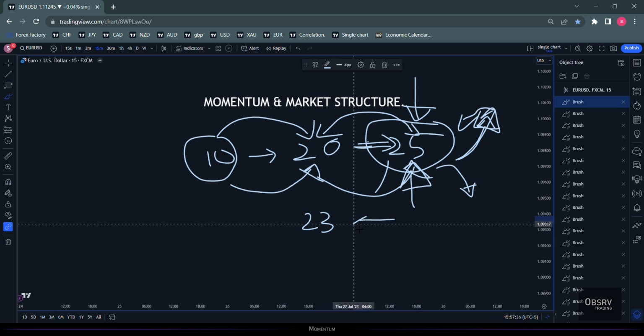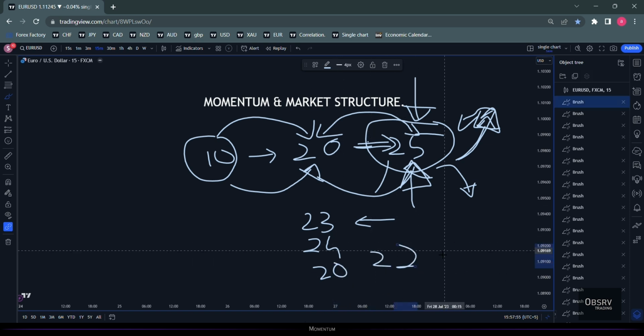So they decrease the price by $2, and the pullback starts to come in, right? Goes to 23, then it goes up to 24, jumps down to, let's say, 20, goes up again to around 22, and then drops down to $15.